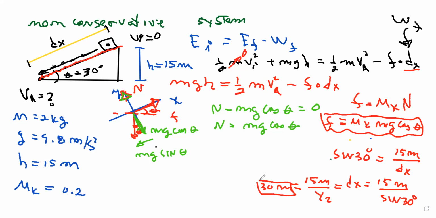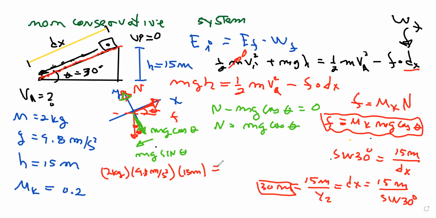So let's go back to our equation. Let's do it over here. Our mass is 2 kilograms. And we're going to multiply times 9.8 meters per second square. And the height is going to be 15 meters.